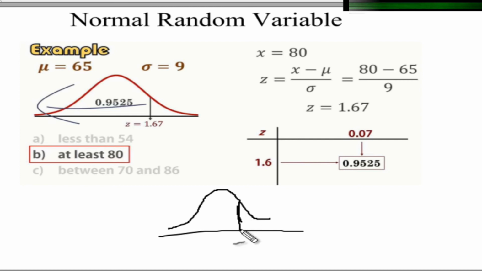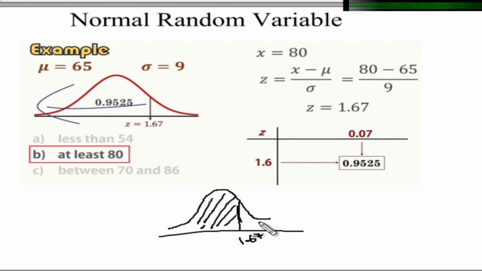This is the value which is 1.67, and whatever you calculate, you find the probability. So this probability will always give the probability that the value lies at 80, or 1.67, or less than 1.67.